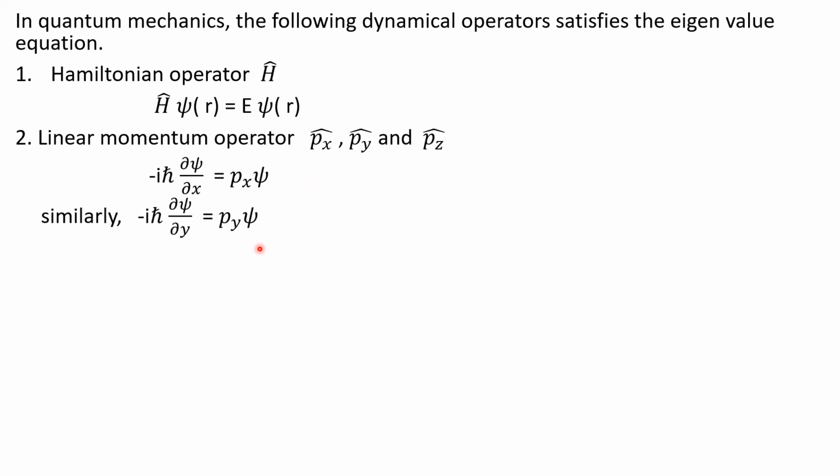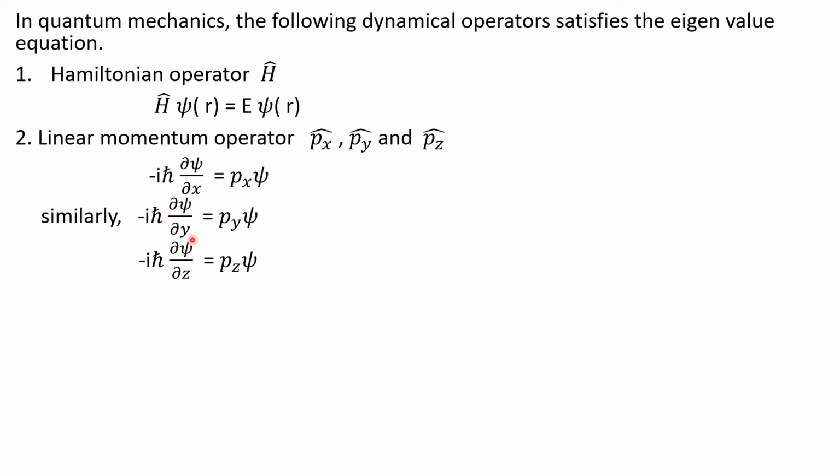Similarly, Py and Pz. In the similar manner, minus i h cross del by del y is the y component differential operator, operating on the psi. We get the constant value Py. Hence, Py is the eigenvalue of that operator.